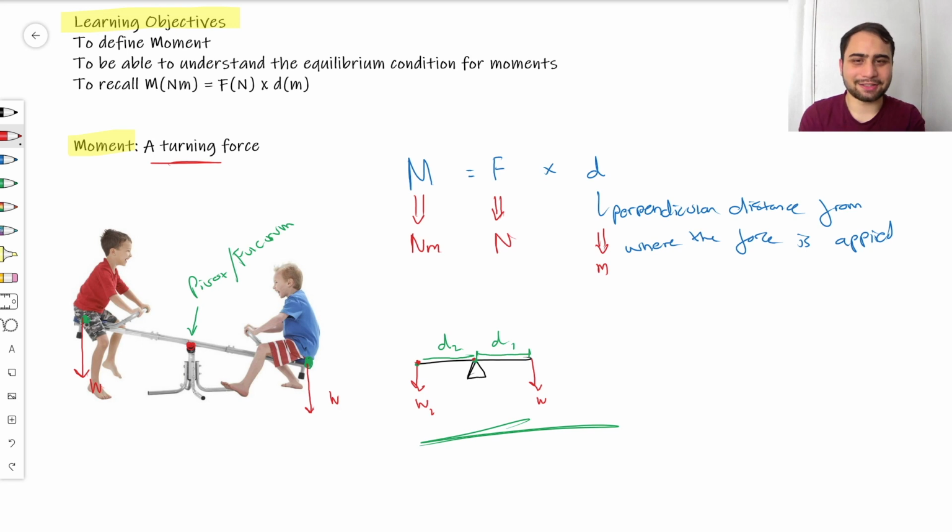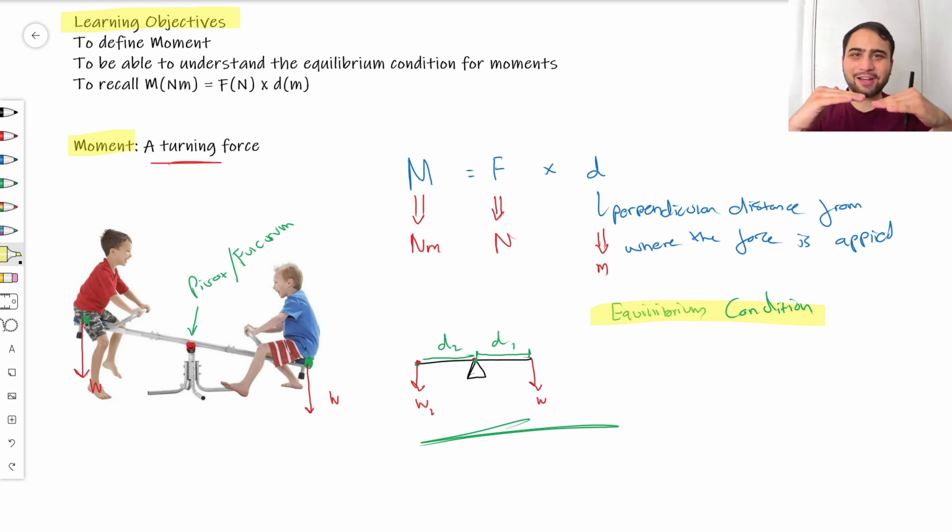That just makes sense. Okay, now I want to introduce to you a brand new thing called the equilibrium condition. Now what is that? Well, let's have a look at what equilibrium actually means. So equilibrium means when all things are equal. So when the seesaw is equal, well, what's happening?